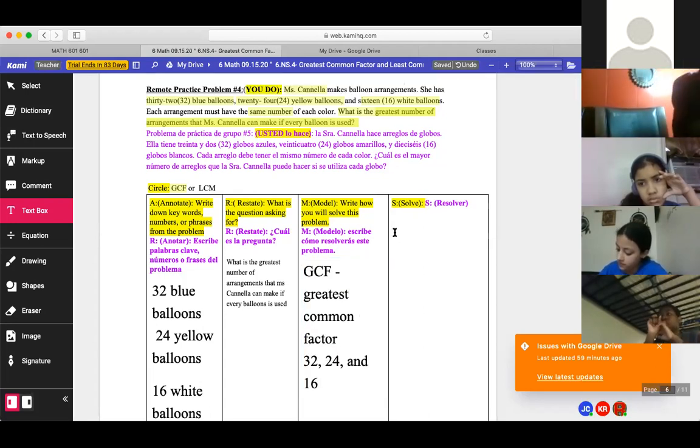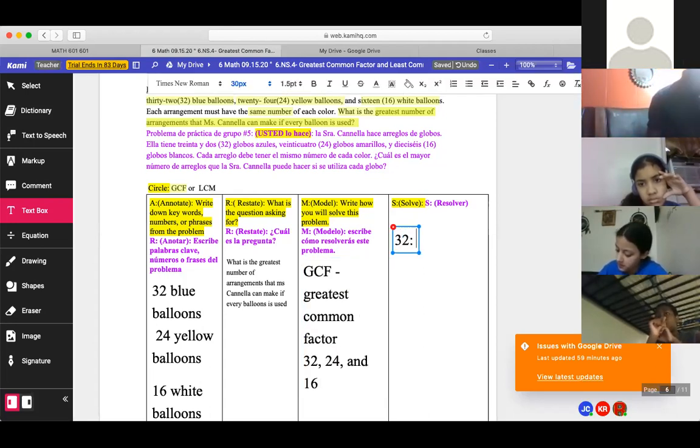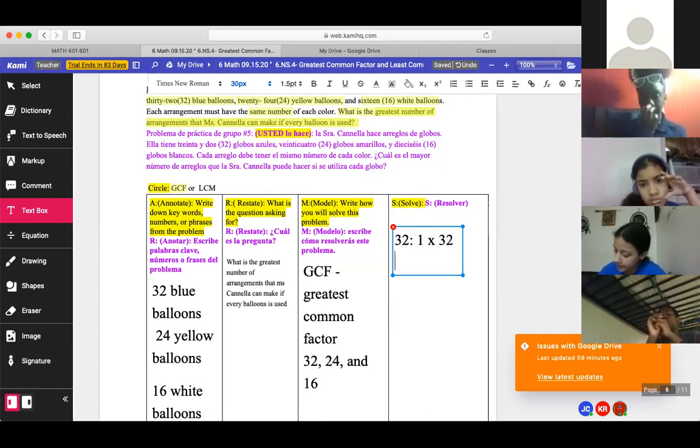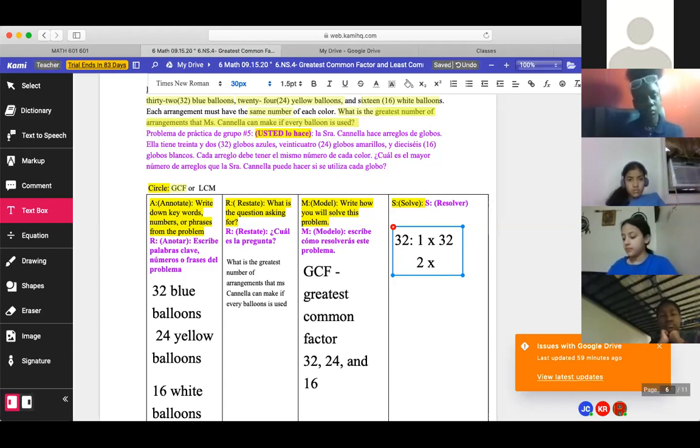Now, give me, please, the factors of 32. I'll start. 32, 24, and 16. All right, those are the numbers. Now let's think of numbers that multiply to 32. We got 1 and 32, 2 and what? 2 times what?